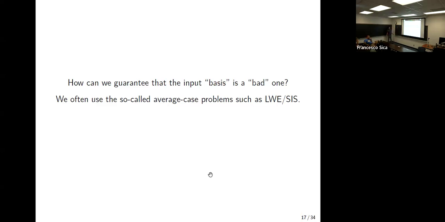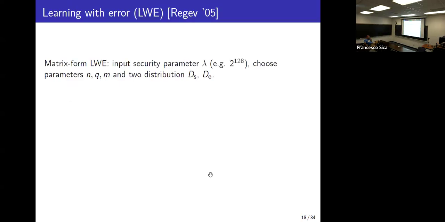The average-case problem just means that you can easily sample. And what is guaranteed is that if you sample a random instance of the LWE problem, it is guaranteed to be no easier than an arbitrary problem in P. This is usually called the worst-case to average-case reduction. And that's why we need the help of this average-case problem.